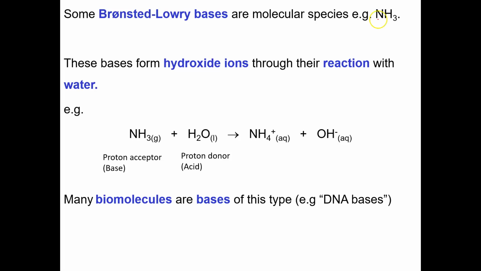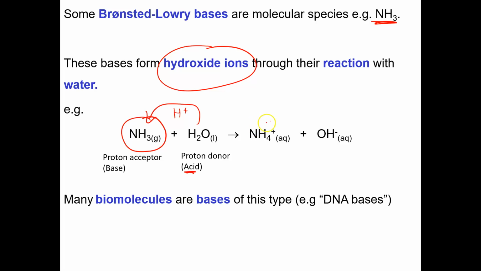Some Bronsted-Lowry bases, such as ammonia, are a molecular species. That is, they are not ionic compounds like magnesium oxide or sodium hydroxide. And these species form hydroxide ions through a reaction with water. So what we see is our Bronsted-Lowry base, such as ammonia, accepting a proton from water, which functions as the proton donor or the acid.